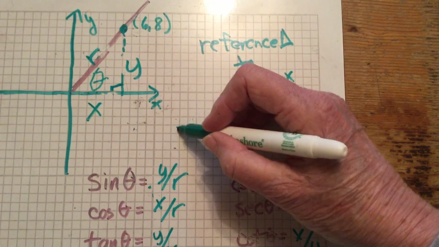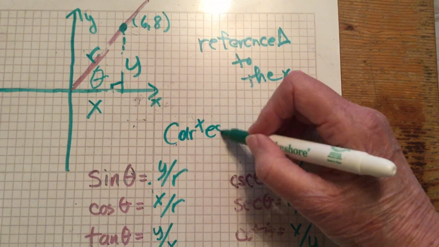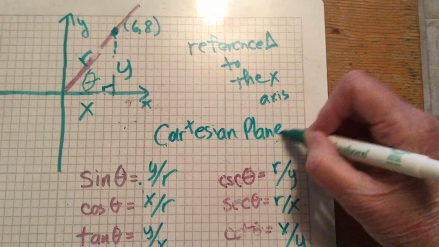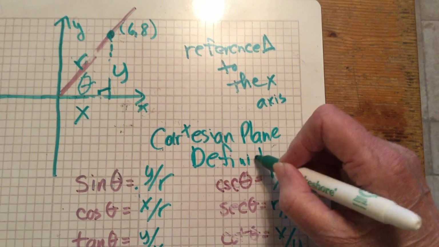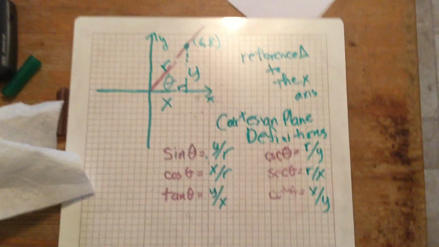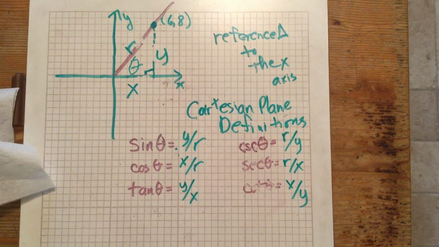And these are the Cartesian plane definitions. You have to memorize them. You need to know them the same way that you know SOHCAHTOA.